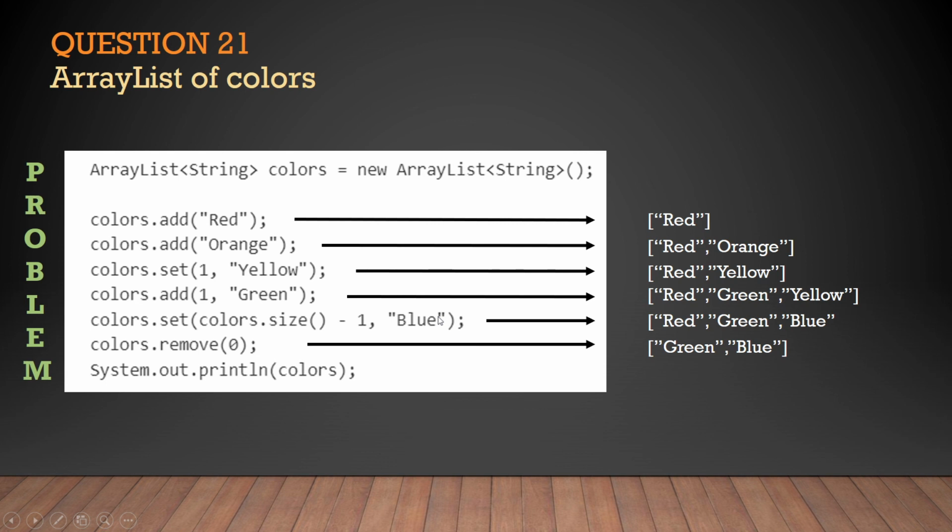Well, the colors size is 3, minus 1 is 2, so set 2 to be blue. That replaces yellow. Now it's red, green, blue. And then we remove the 0 one. So we're removing red. So in the end, it's green and blue. And that's it.